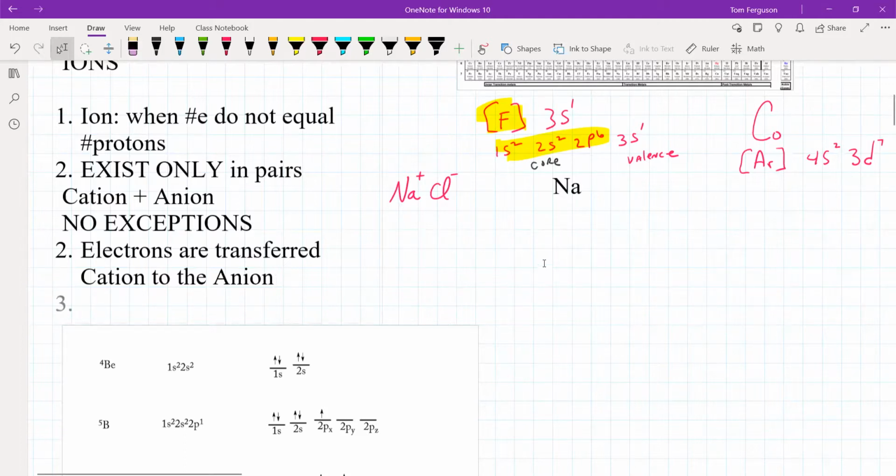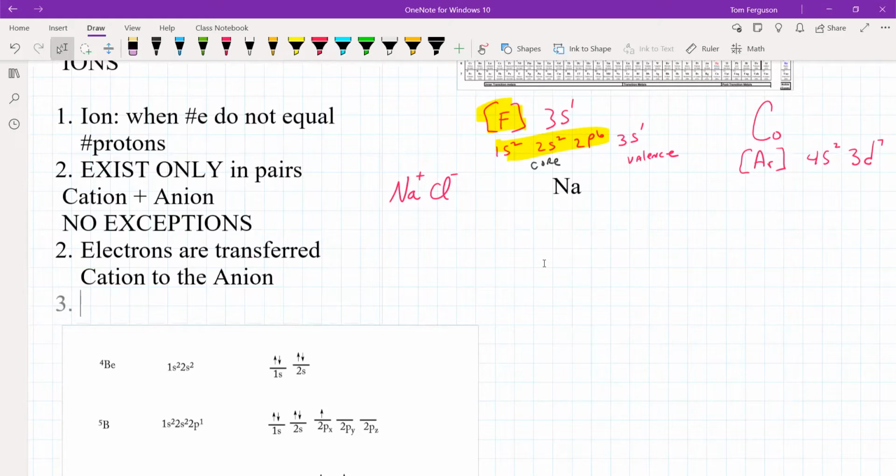Now we're going to get into this a lot, this whole ion balancing, in another unit. But the main thing is there's always an ion that exists of the opposite charge. In other words, if there's a cation, there's an anion there, and this is in nature now.